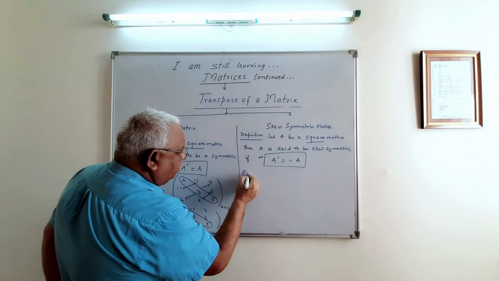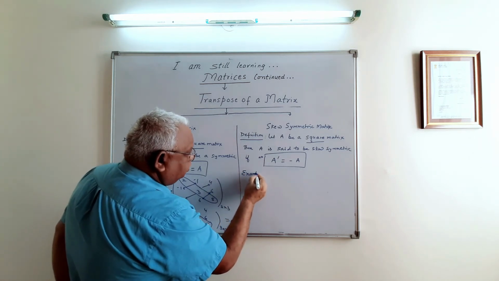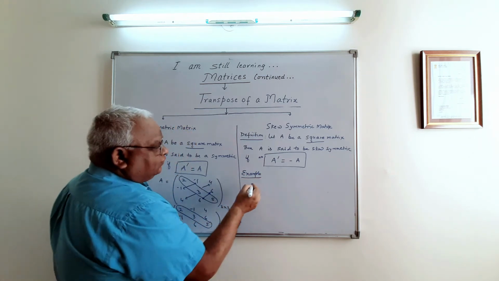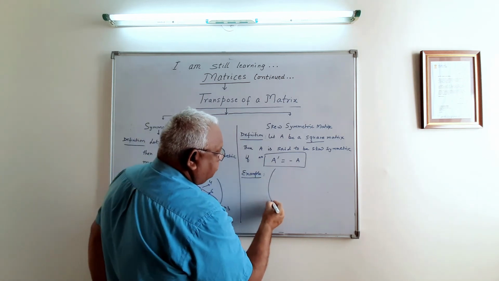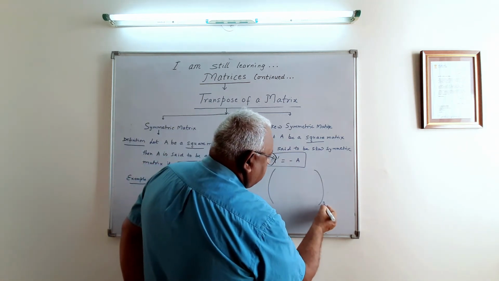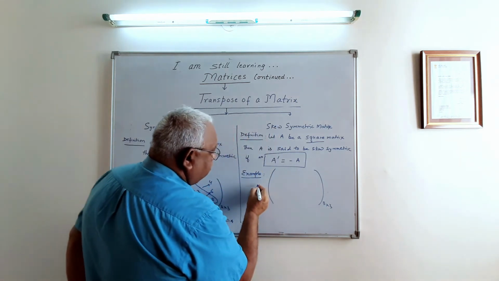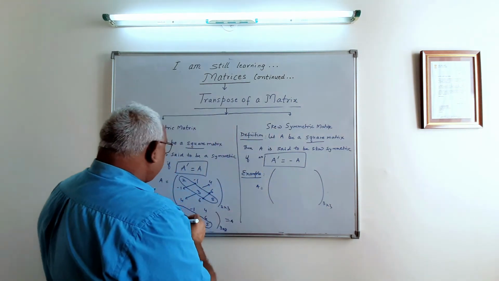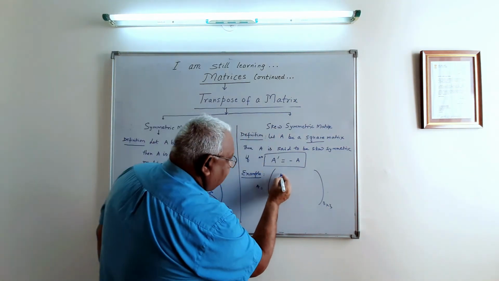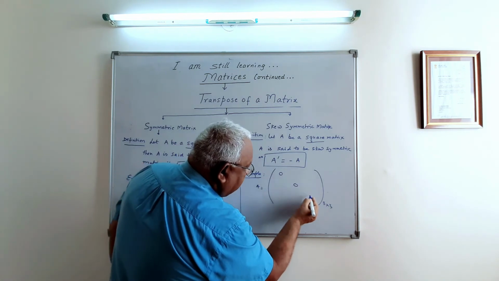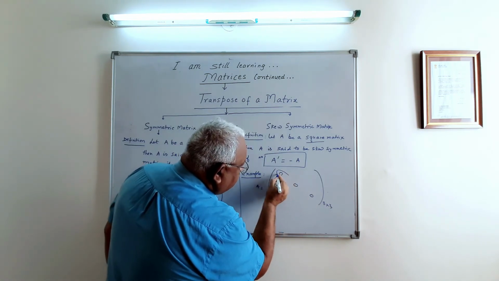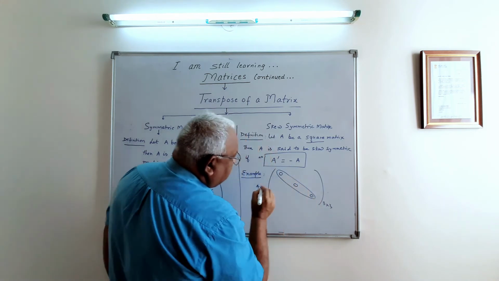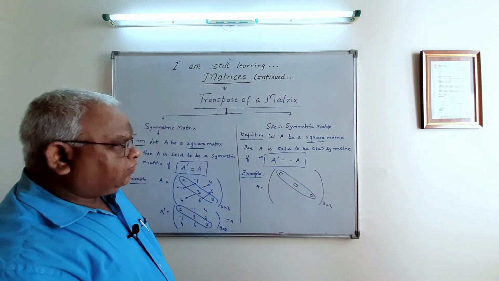Look at the example, what I am going to do. You will be surprised to see the example. I'll take a 3 cross 3 and see what happens. Fix the elements on the main diagonal as 0, 0, 0. I'll give you the reason why I have taken 0.